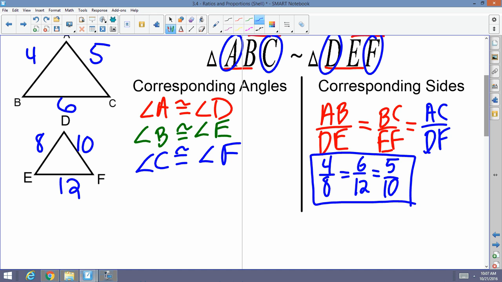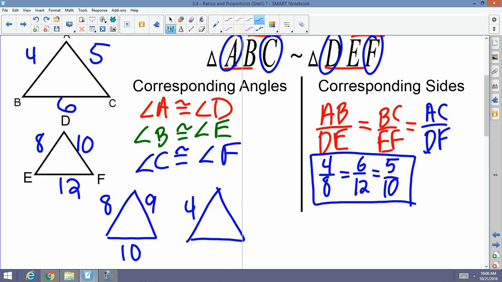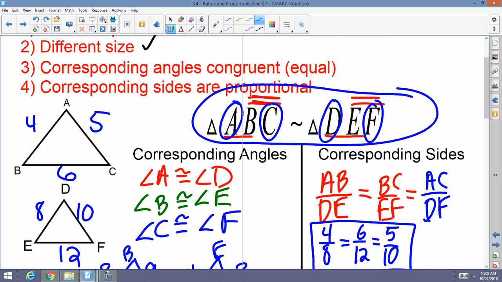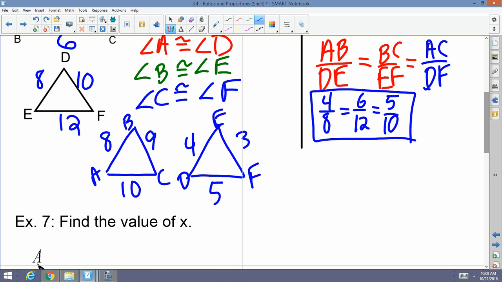The question was, is that always going to work like that? When they're similar figures, yes. If I gave you two figures, let's say 8, 9, 10, and then 4, 3, and 5, and I said this is A, B, C, and D, E, F. We're not going by the figures; we're using the same correspondence. AB goes to DE, sorry.